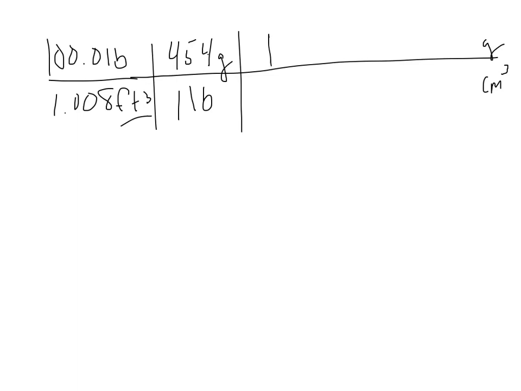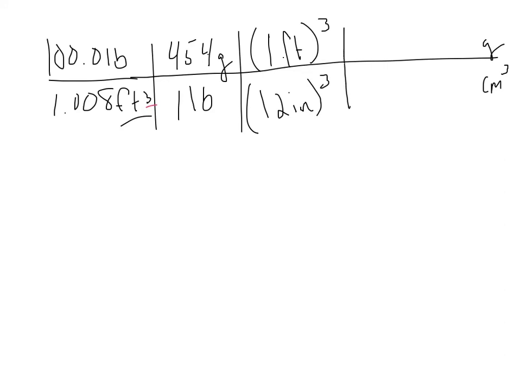Right, if the label is in the bottom and we want to get rid of it, we're going to put the same label in the top. So we put feet on top. Inches is what we'll convert to first. And a reminder that the original value is in cubic feet, and so we need to cube this value here. That means we also need to cube this value. So we have 12 cubed down there.